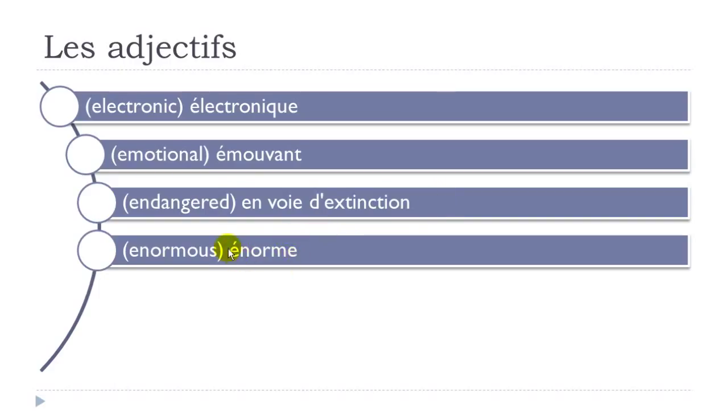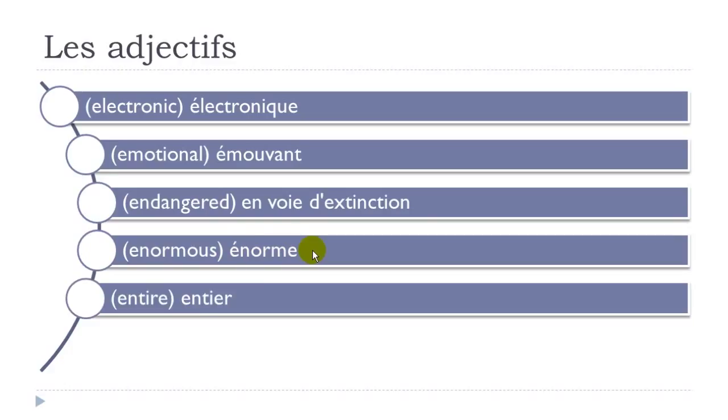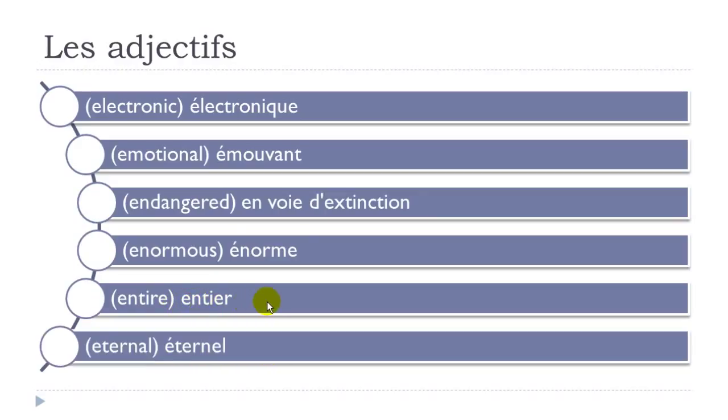Final not pronounced, énorme. Énorme. Entier. So remember, I-E-R, yé, okay, and then the T, tier, and the nasal before, en, entier. Éternel. Okay, so accent aigu, éternel. Éternel.